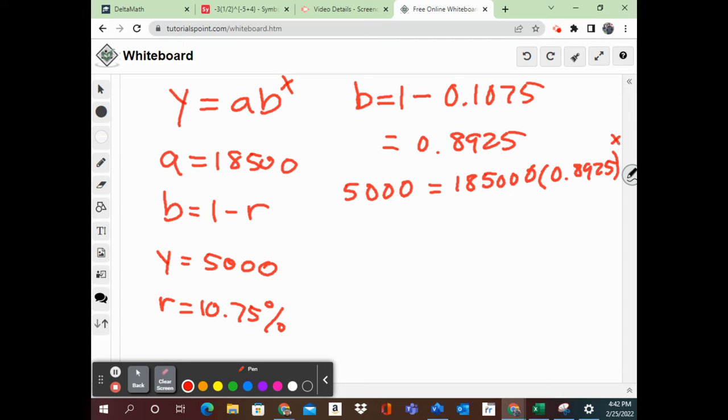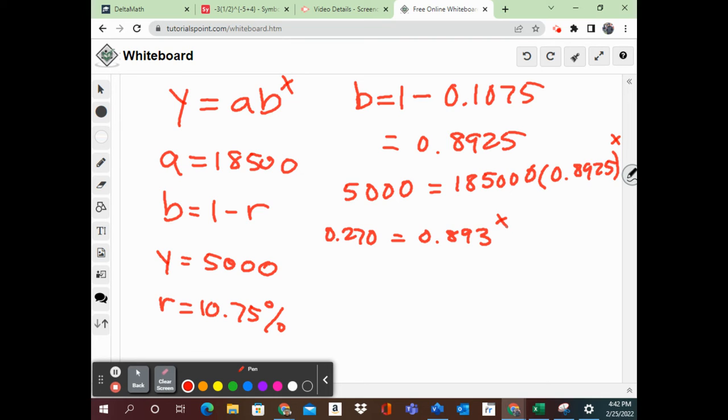So we're going to end up dividing 5,000 by 18,500, and we end up with 0.270, right? I'm going to round it to that point, and then we're left with 0.893 to the x, right?